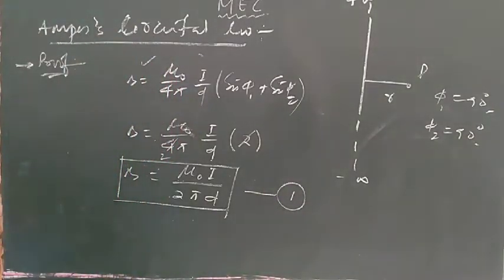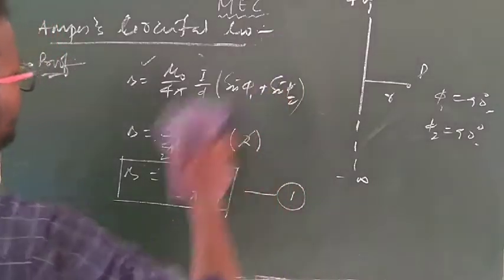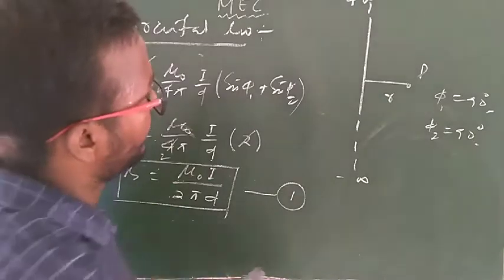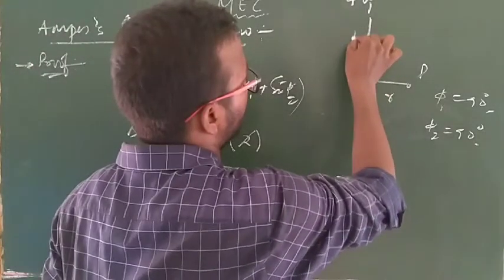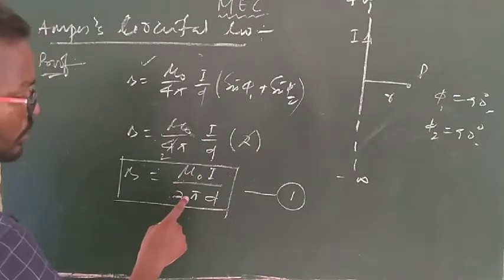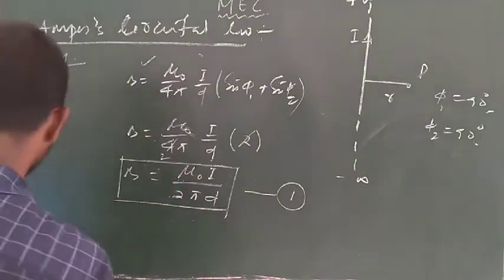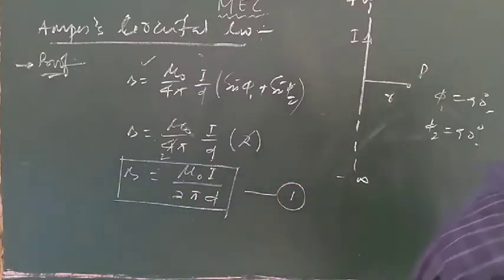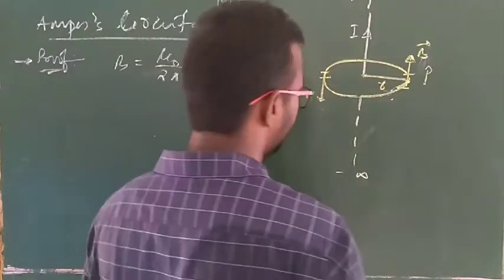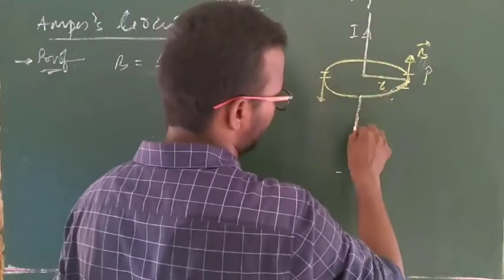Okay. Now, this is the mathematical formula for a long straight conductor: if current I flows through the conductor, B equals mu naught I by 2 pi D. Clear? So this is the direction of flow of current for an infinite long straight conductor.